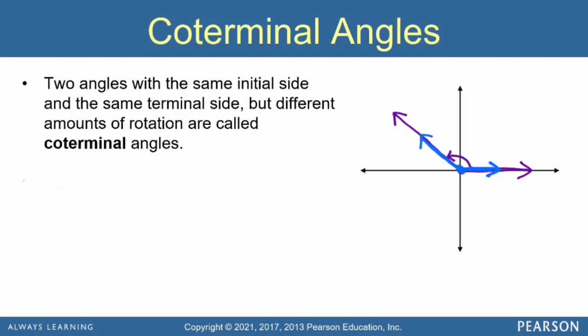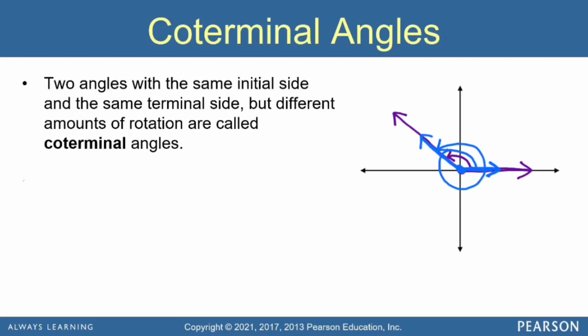However, imagine an angle that has its initial side and its terminal side in the same position, but instead of just going from the positive x-axis to this terminal side, it goes all the way around the coordinate system and then back to that stopping place.